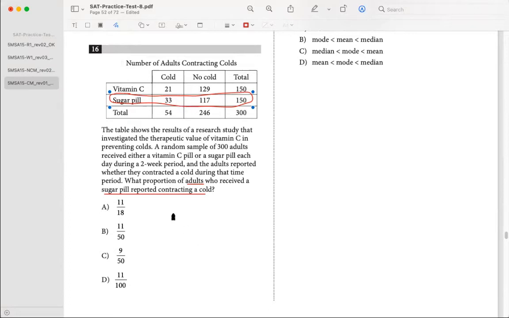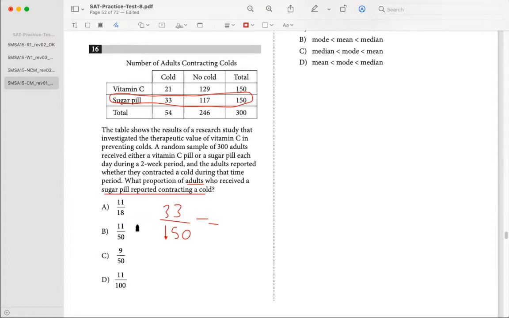That'd be 33 out of 150. You can simplify that by dividing by 3, and that should get you 11 out of 50, I'm pretty sure. Yeah, 11 out of 50.